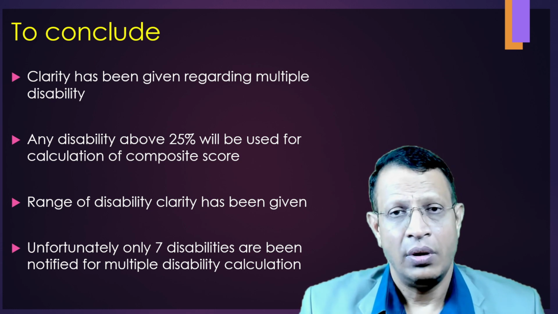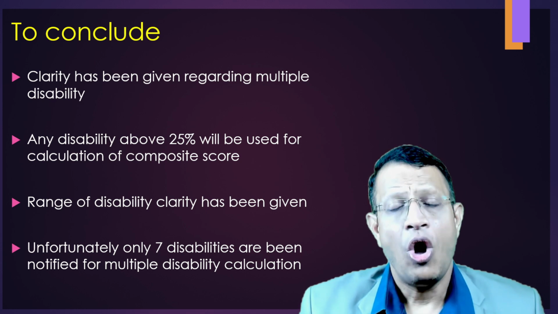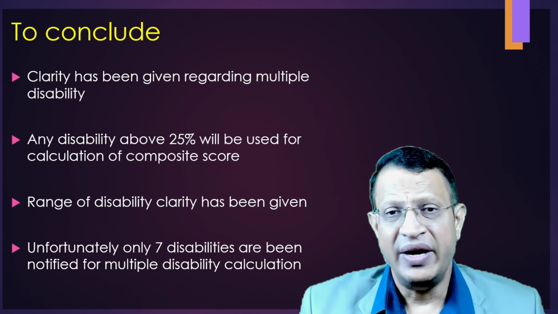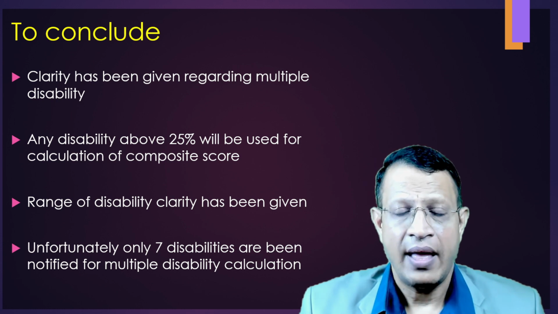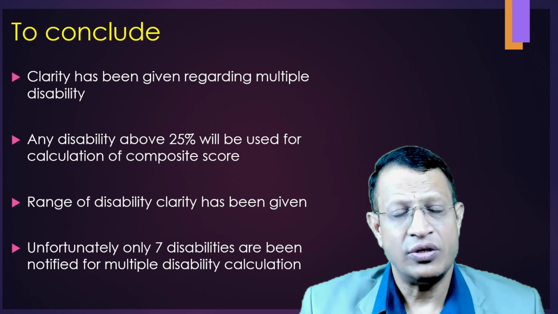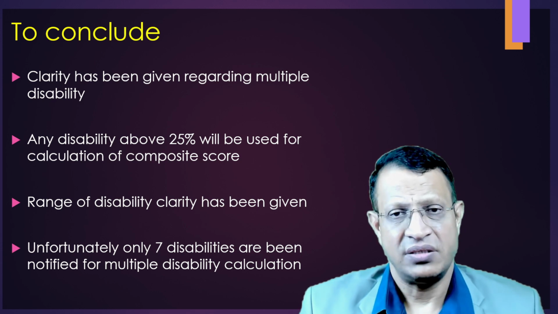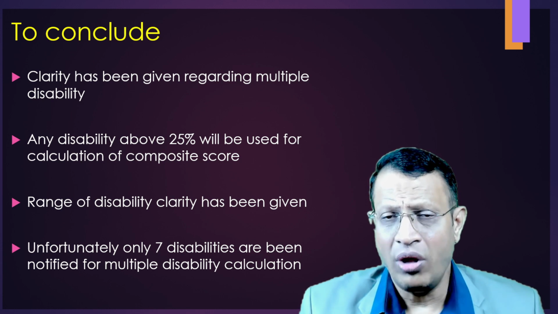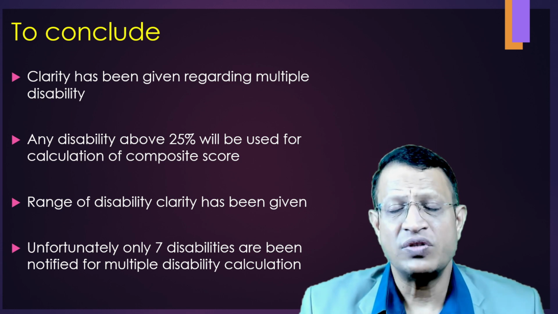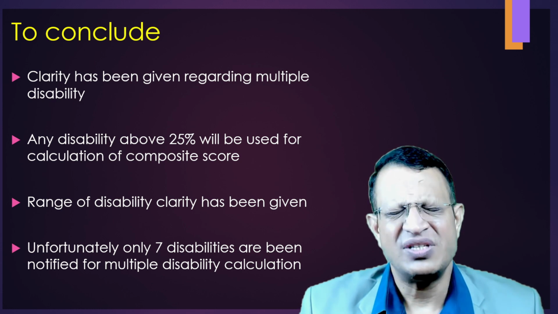With regard to the range of disability score given in mental illness and autism spectrum disorder, the median number will be considered for the scoring. Unfortunately, this Gazette notification talks about only 7 disability domains, but the RPWD Act talks about 21 different disabilities. That means a combination of all these 21 can be used for multiple disability scoring. But this Gazette notification talks about 7 only.